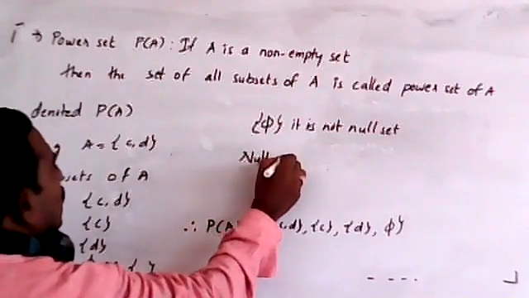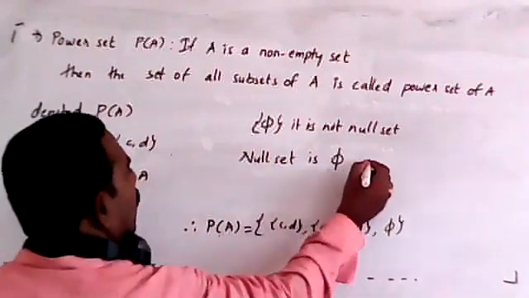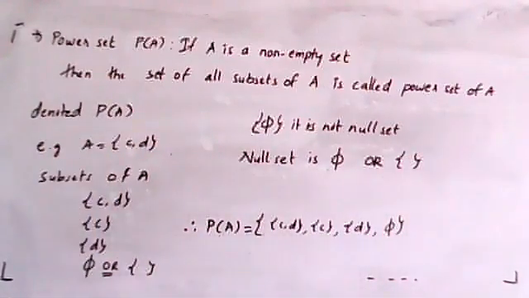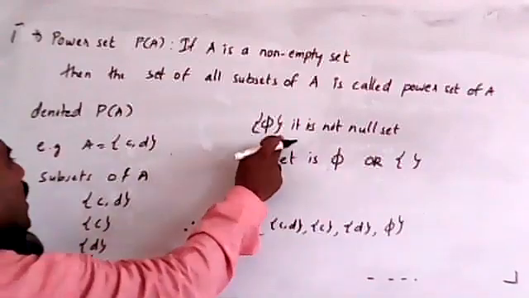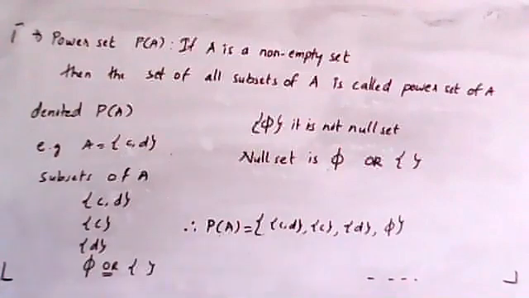If you write like this, it is not the null set. It has null as an element in the set, so it has one element. Null is a symbol. Now we came to that.